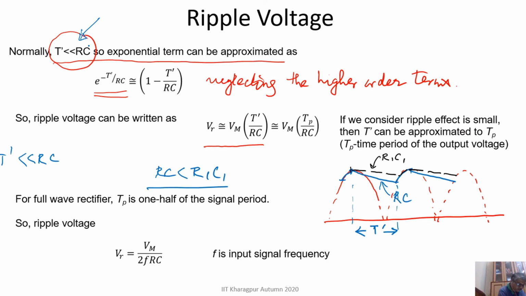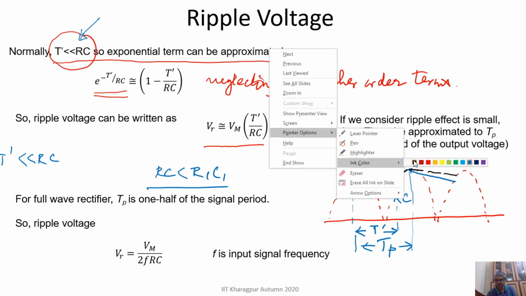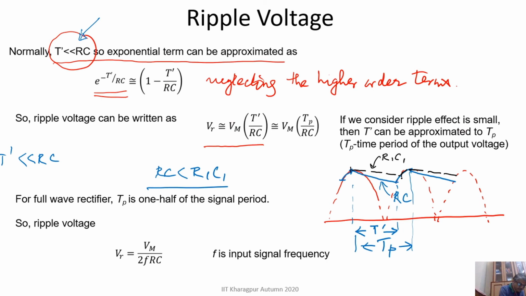So you see, if you consider this assumption that RC is much greater than T dash, we can approximate T dash, because this is my TP, that is the time period. So if we increase the RC time constant, then this T dash is almost equal to TP. You see, this is my T dash in the previous case, and if we use R1 C1, then T dash is this.